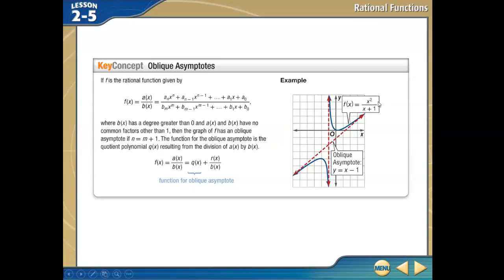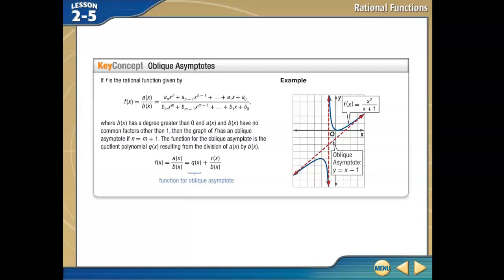Okay, so they have the equation x squared divided by x plus 1. You can see the degree of our numerator is 2. The degree of our denominator is 1. Then the function for the oblique asymptote is the quotient polynomial q of x resulting from the division of a of x by b of x.